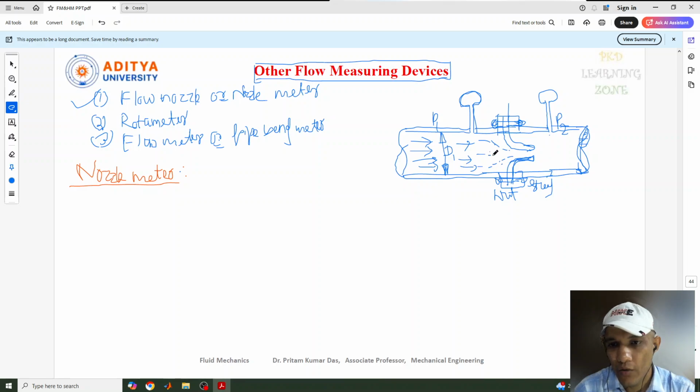We know that a nozzle is used to increase the velocity of the fluid, and its shape is like this. As we have discussed previously, it is fitted at the tip of the pipe to increase the flow velocity, so that the water comes out from the tip with a high velocity.